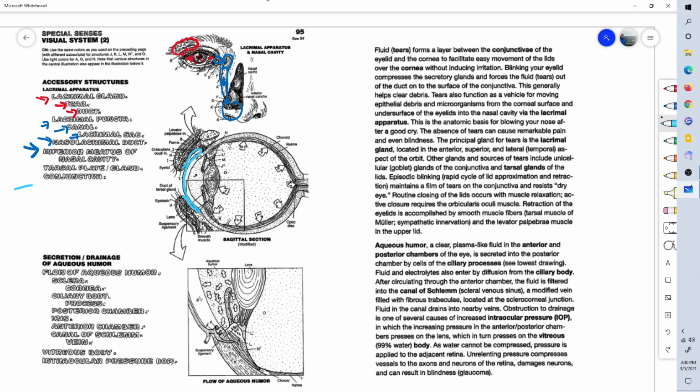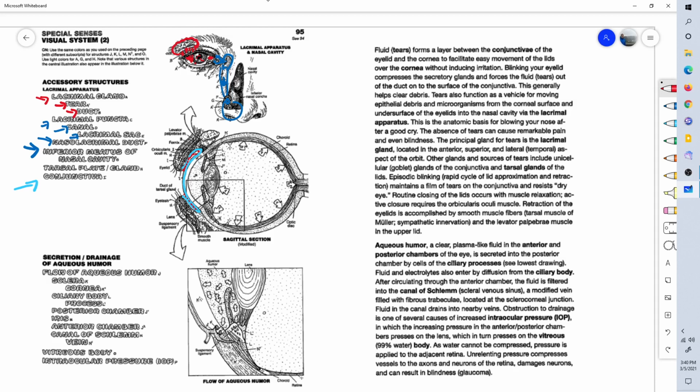It's important that these tears lubricate, and if there's any debris or infectious material, it can be moved out of the area and drained out through the nose. And this is why when you cry, you might need a tissue, because the tears drain through the nasolacrimal duct into the nose.